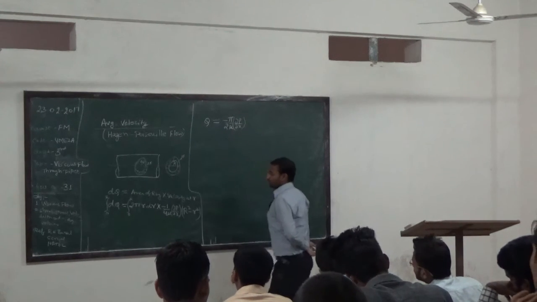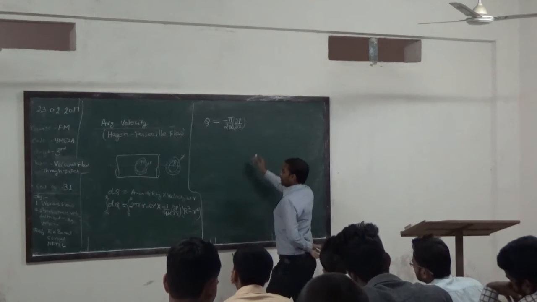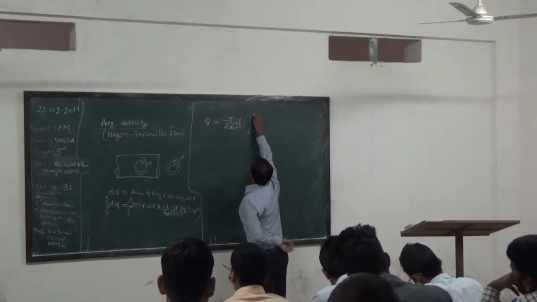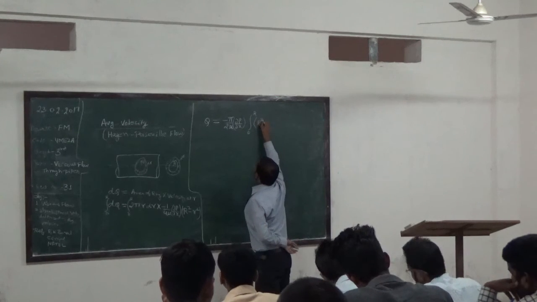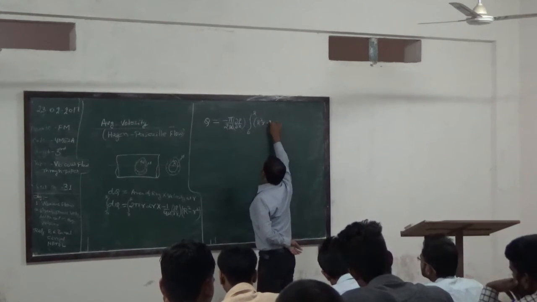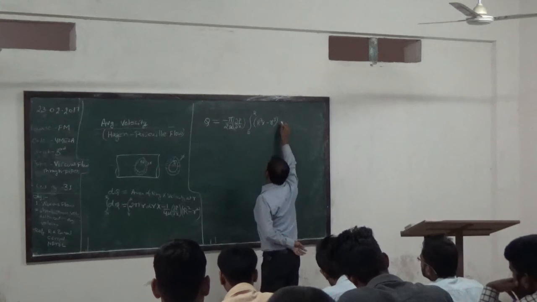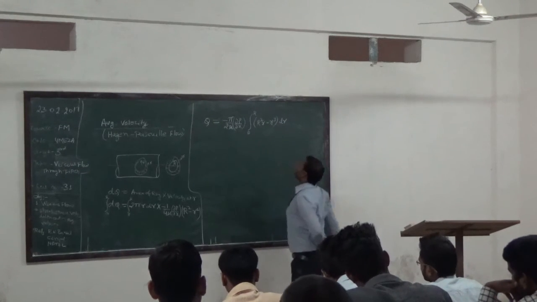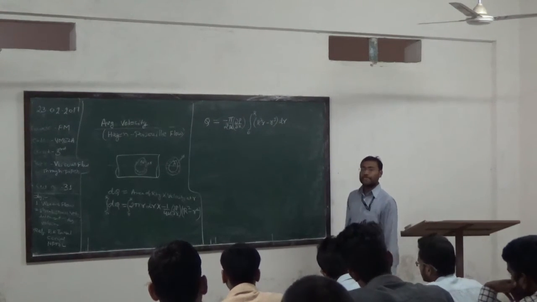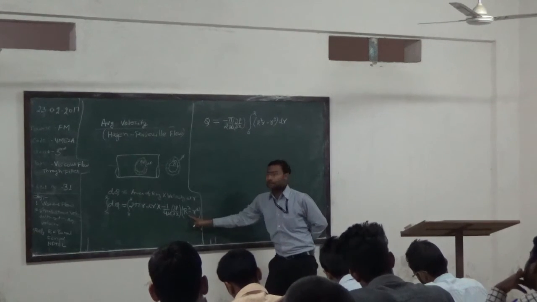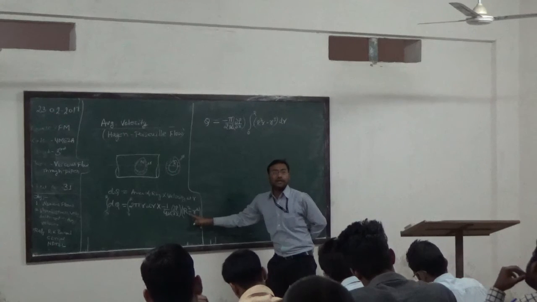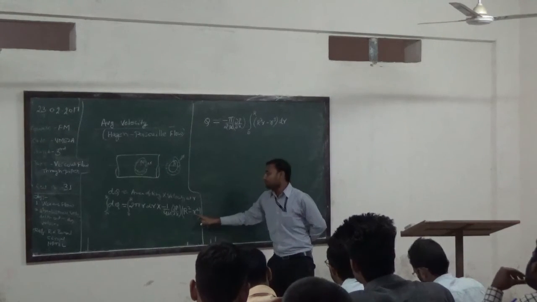So minus pi over 2 mu and integration 0 to capital R, r cube dr. Okay, this is small r we have multiplied inside this bracket. So capital R square small r minus small r cube.